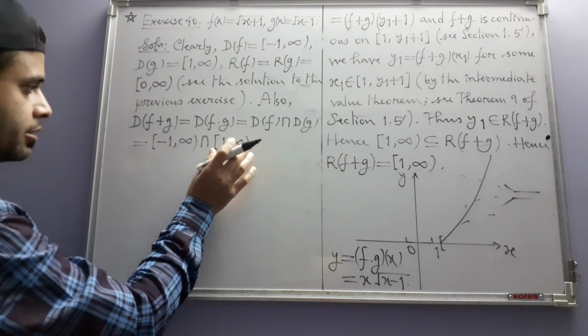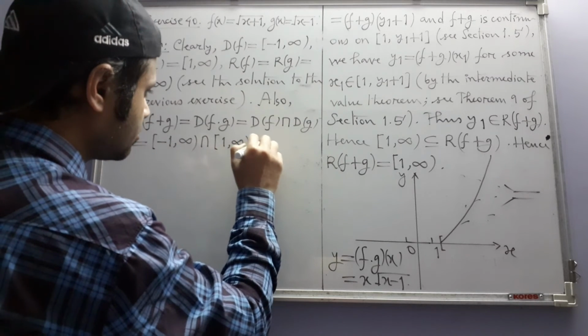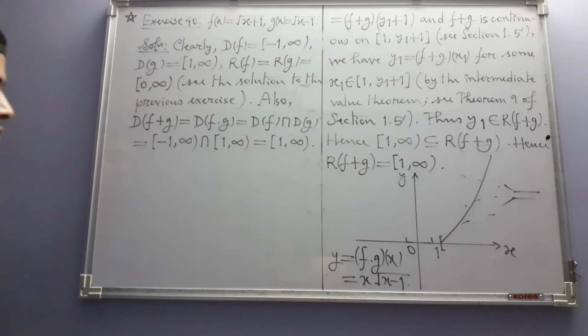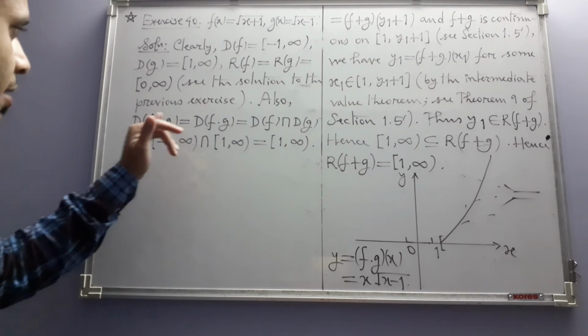This one is the smaller, this is a subset of this, so this is the domain of sum and product.